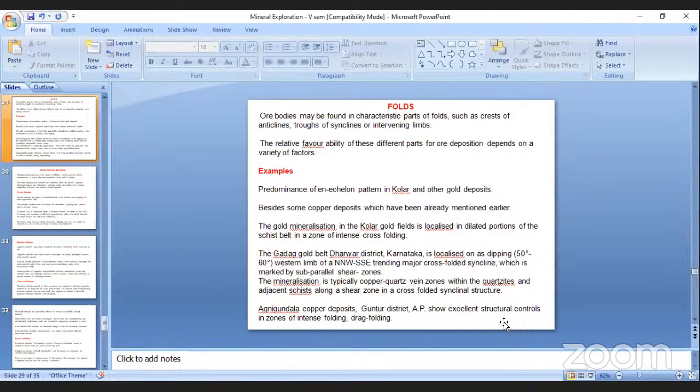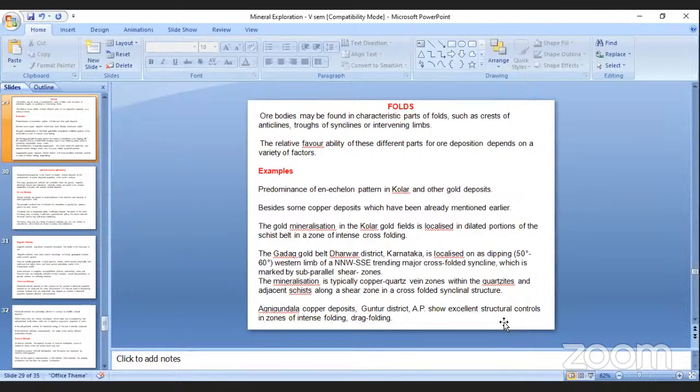Particularly, gold mineralization in the gold fields is associated with the schist belt, which has cross folding. And one more example is the Gadag gold belt in Dharwad district of Karnataka.